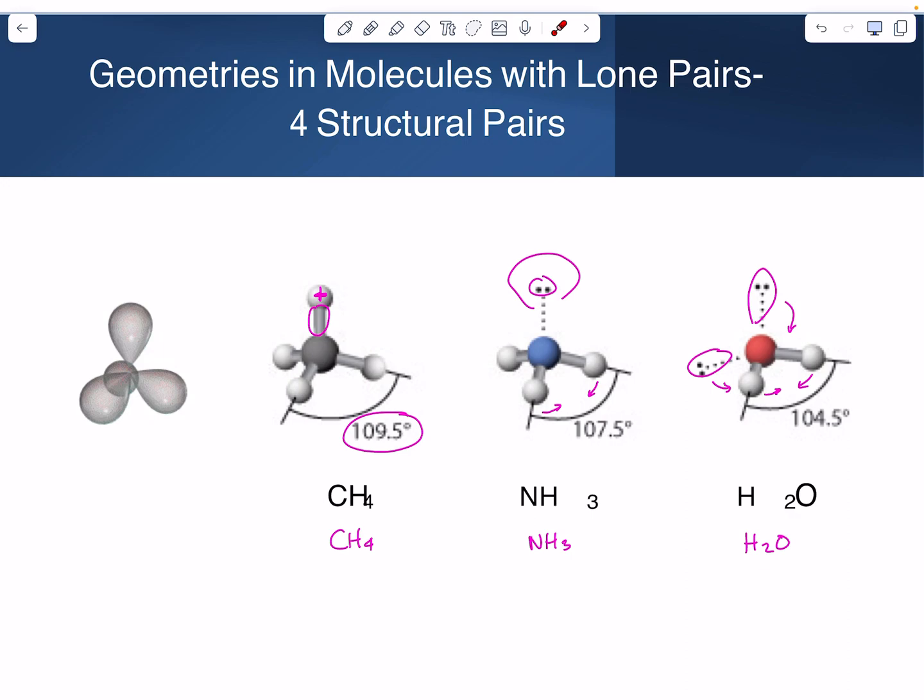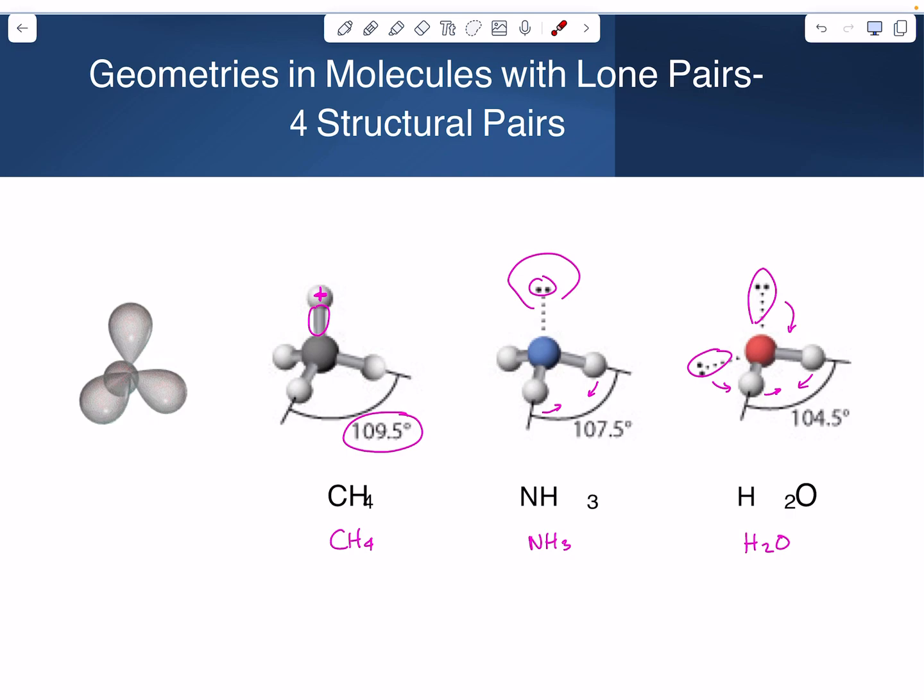They're spread out a little bit more than the electrons would be in a bond, and so they can push on the other bonds a little bit more. So when you have one lone pair and 3 bonding pairs, that bond angle gets a little bit smaller, down to 107.5.